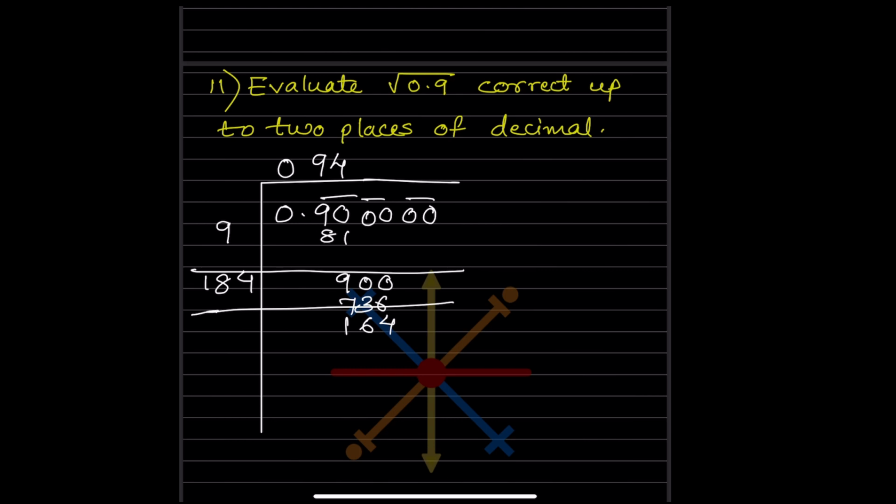So again, 184 plus 4 is going to be 188. Now I have to take these 2 zeros again. If I'm taking this by 8, 7 or 8 can be possible. Let us check with 8 into 8.